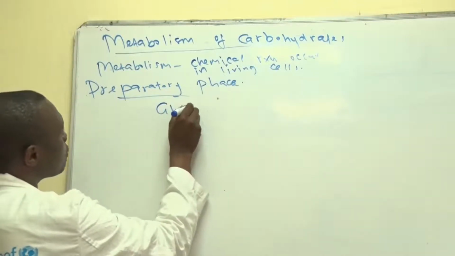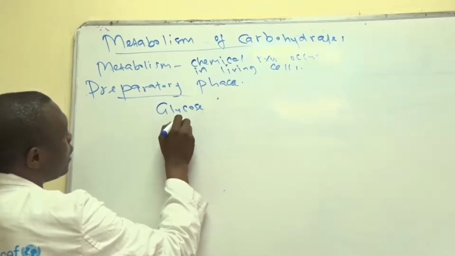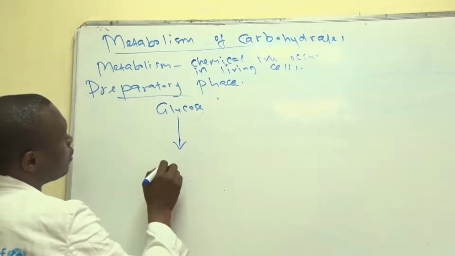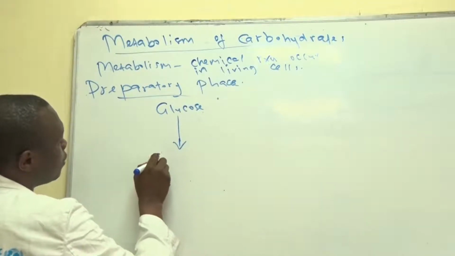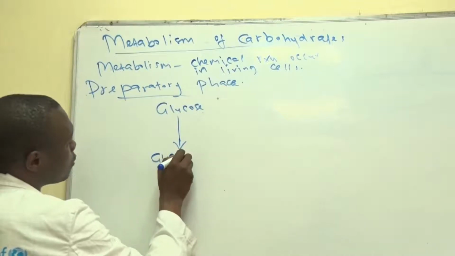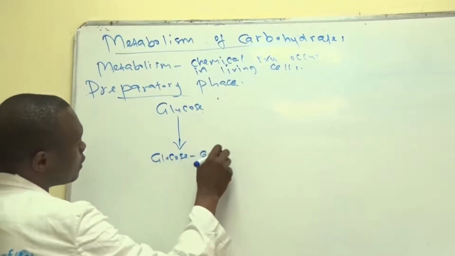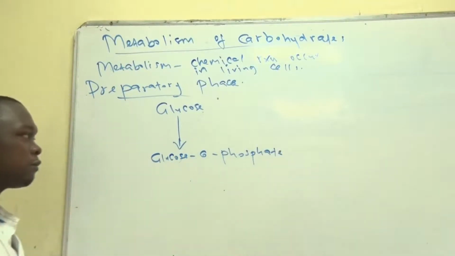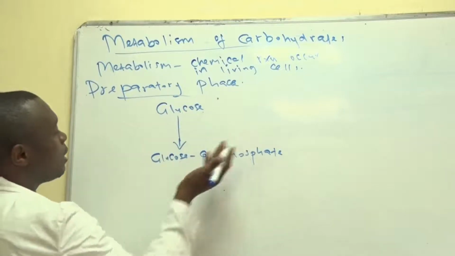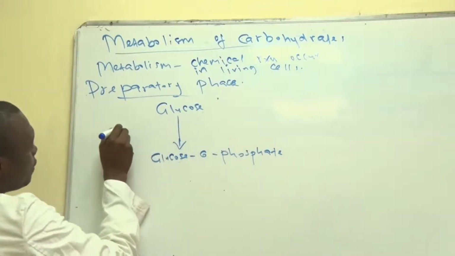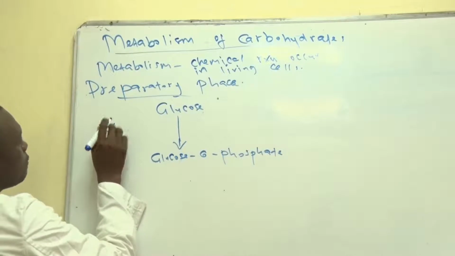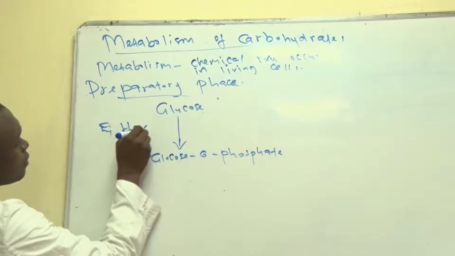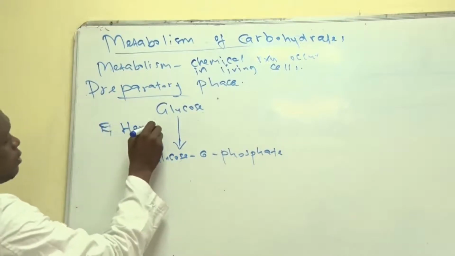So we have glucose, it is phosphorylated to form glucose 6-phosphate. The enzyme involved in this reaction, let me just call it E, is called hexokinase. E is for enzyme, hexokinase enzyme.